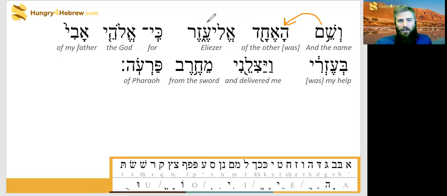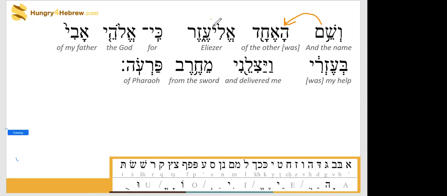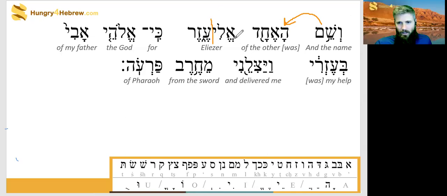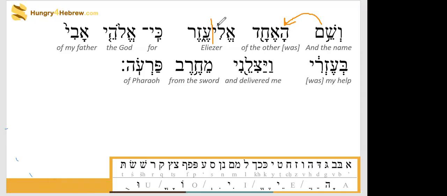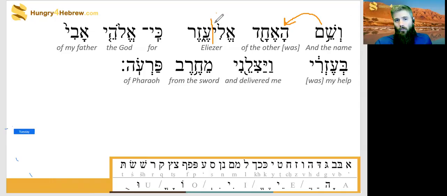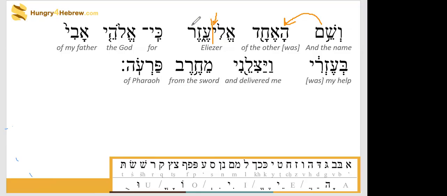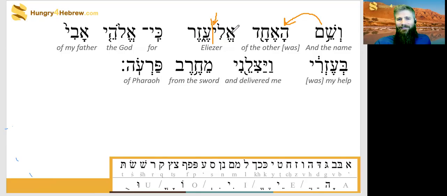Eliezer. How do we break this word up? Eli and Ezer. Eli means, my God, okay, it's either my God or God of, depending on whether that is an ancient case ending. And Ezer, help.